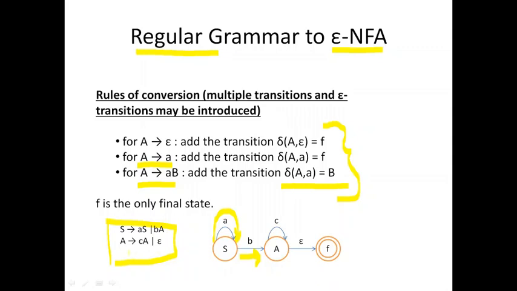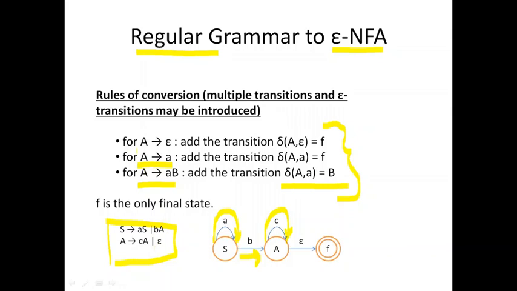Next you have transitions for the non-terminal capital A. Capital A giving small c capital A. So from capital A, you have a transition on c back to capital A. And also you have a production like A giving epsilon.